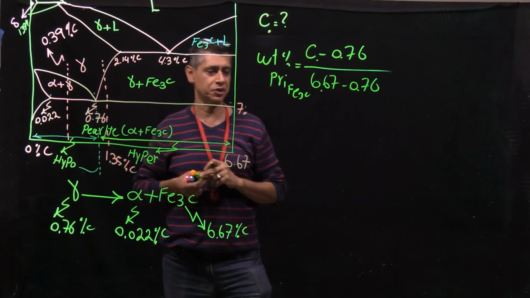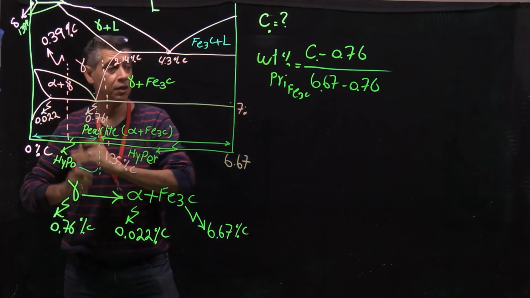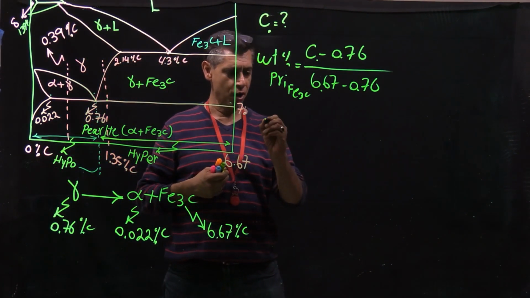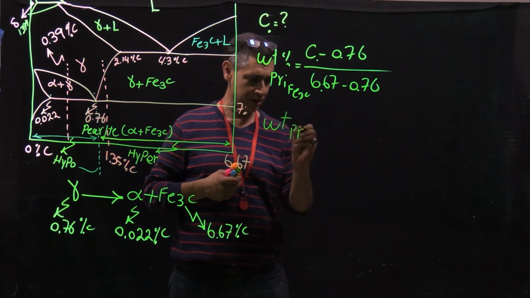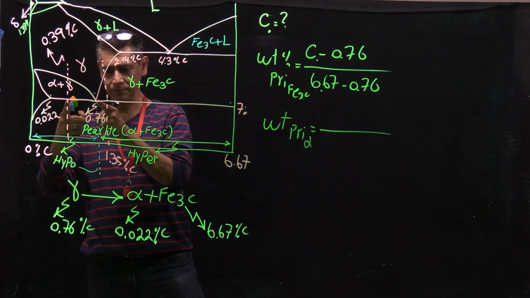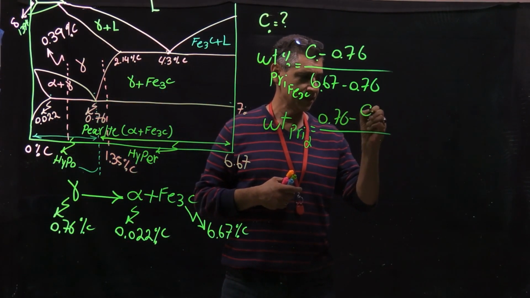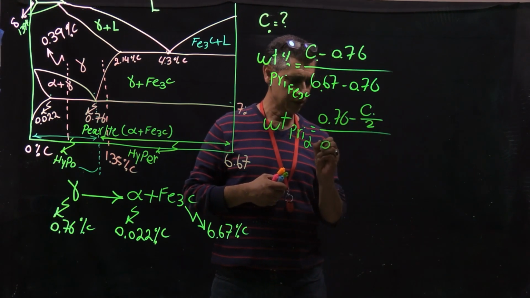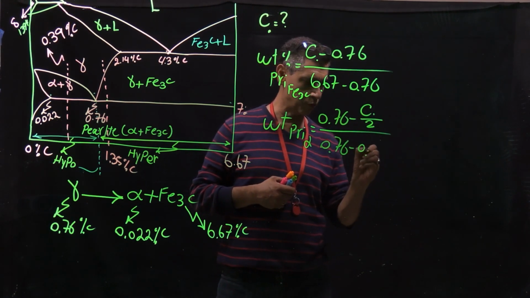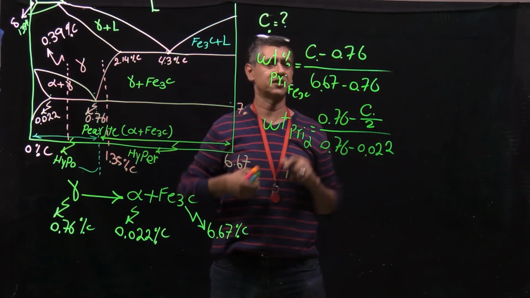And I end up in hypo, where I have ferrite. So primary ferrite is this length: 0.76 minus C sub 0 divided by 2, divided by 0.76 minus 0.022. This is twice the other one.